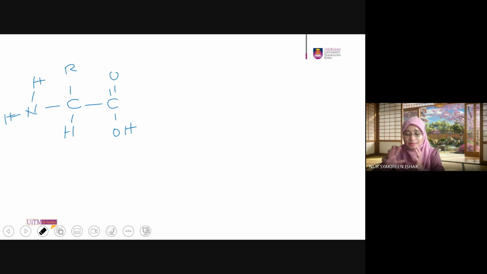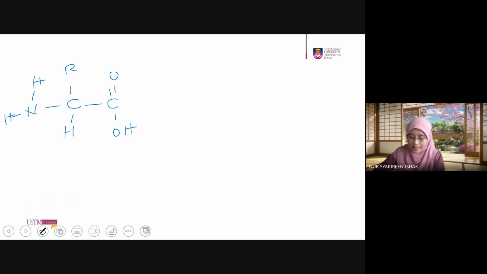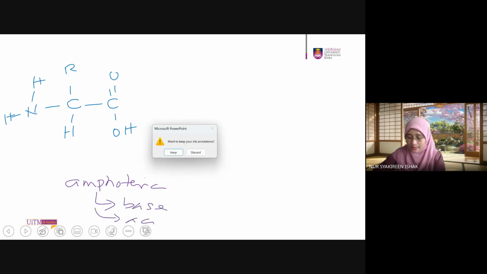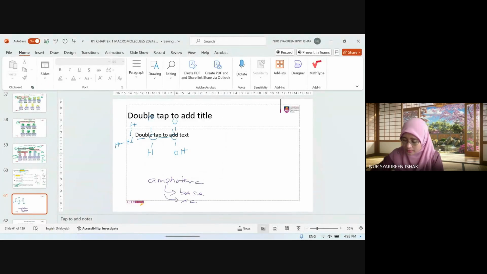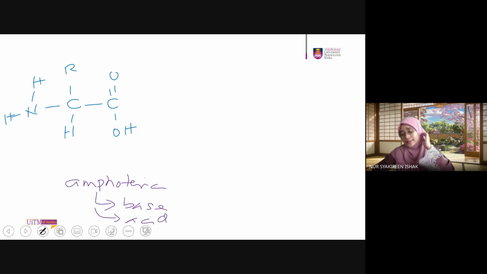What happened during this process? Okay, kita tahu tadi amino acid is amphoteric. It can be both base and acid. Okay, so the process of ionization.